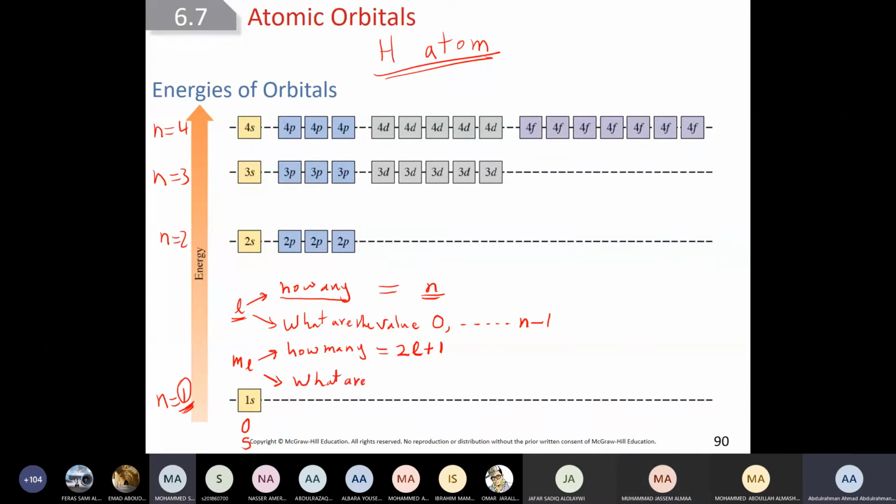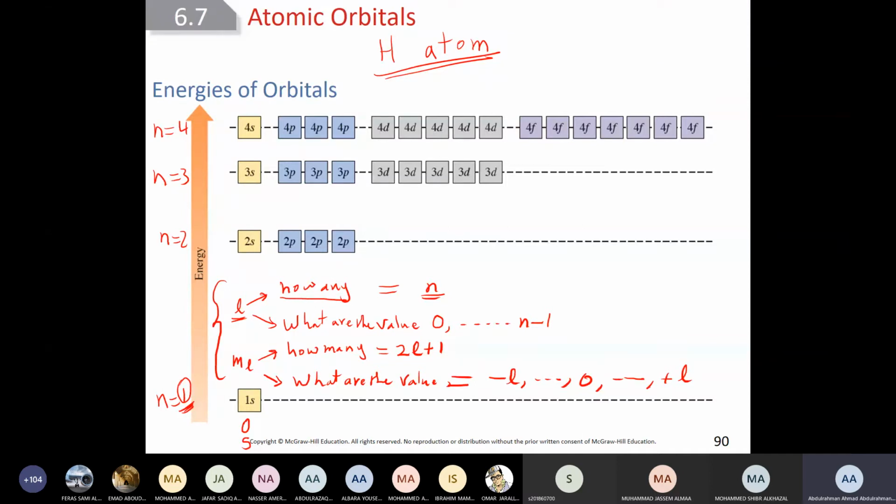Minus L to 0 to plus L. You have to know these 2 rules very well. Okay, good.